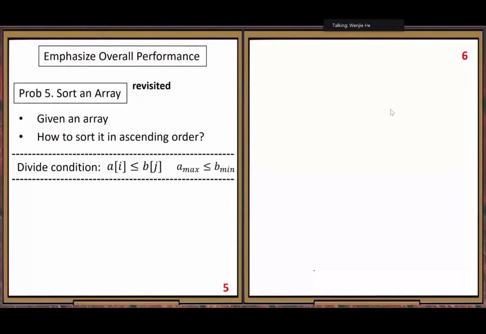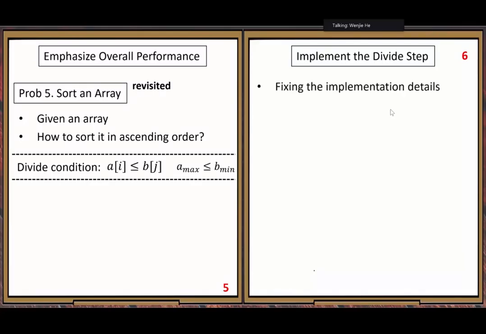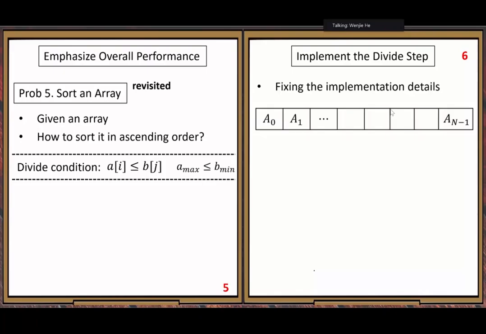So to implement the divide step, we need to really understand our data more this time. This algorithm is very smart, very smart.